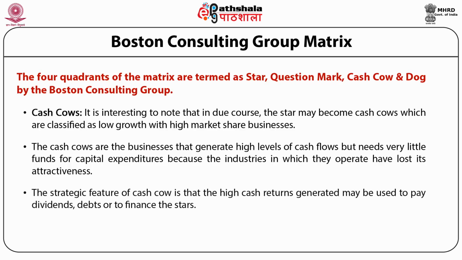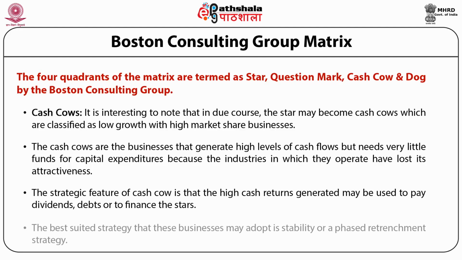The strategic feature of cash cows is that the high cash returns generated may be used to pay dividends, debts, or to finance the stars. The best suited strategy that these businesses may adopt is stability or a phased retrenchment strategy.